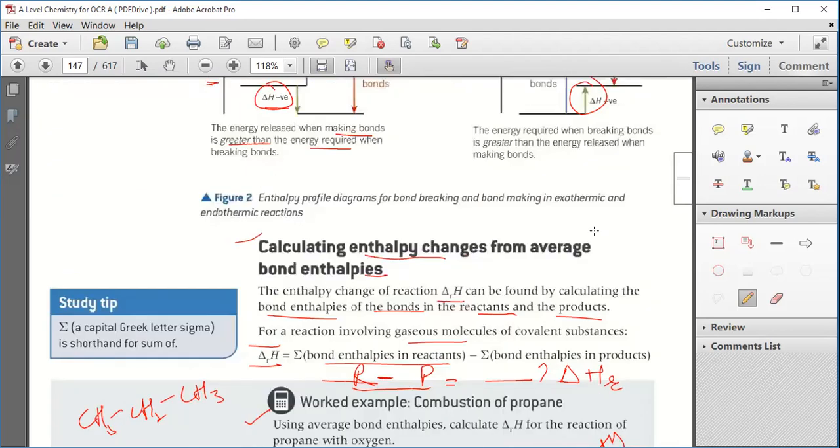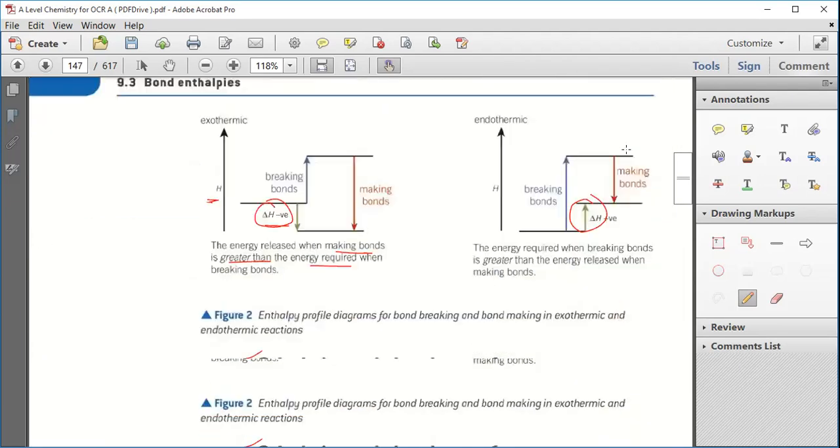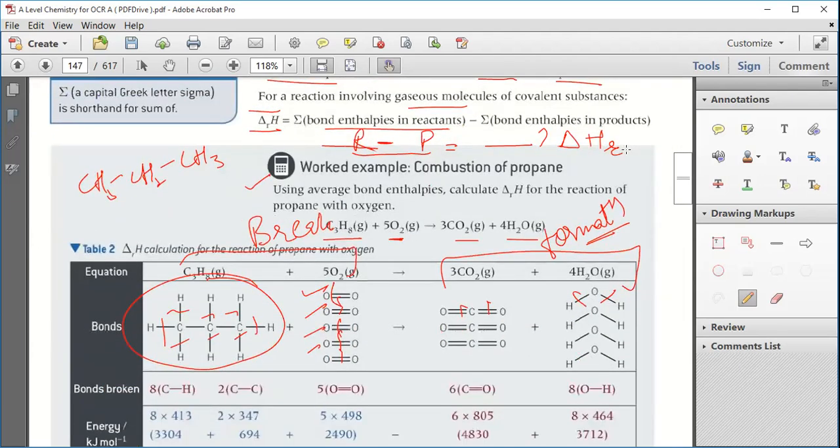Now the value of each and every bond energy is given. See this. CH is 413 kilojoule per mole. How many CH bonds are breaking? 1, 2, 3, 4, 5, 6, 7, 8, so 8 CH bonds are there.